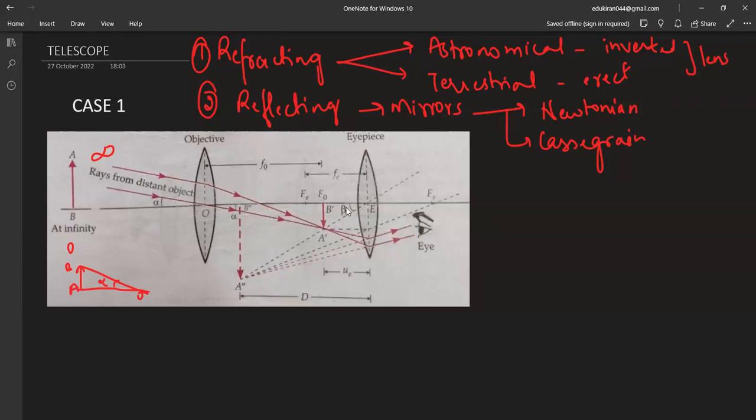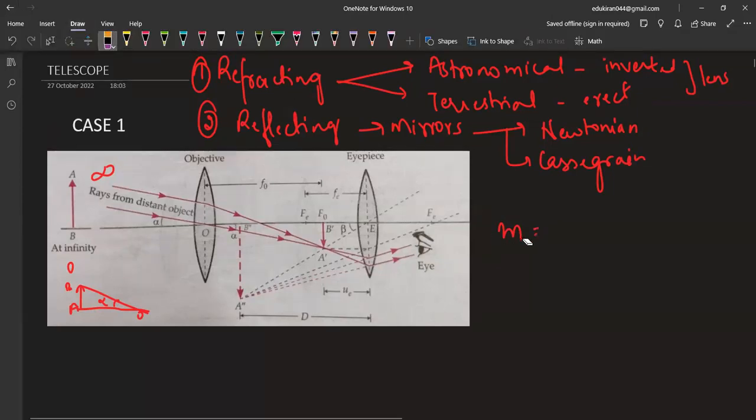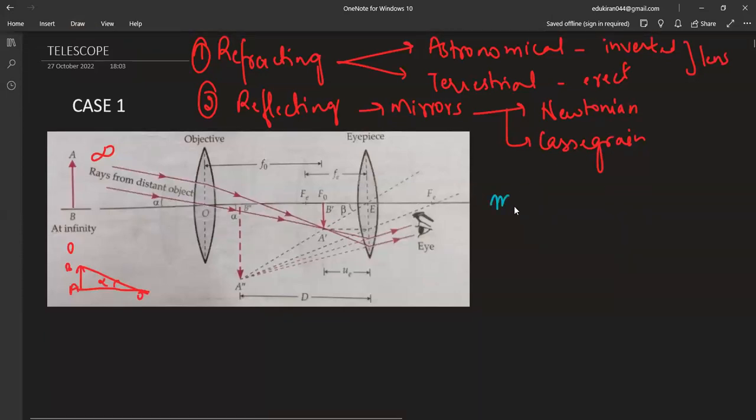What is magnification? I have told you magnification is beta by alpha, which we approximately write as tan beta by tan alpha.